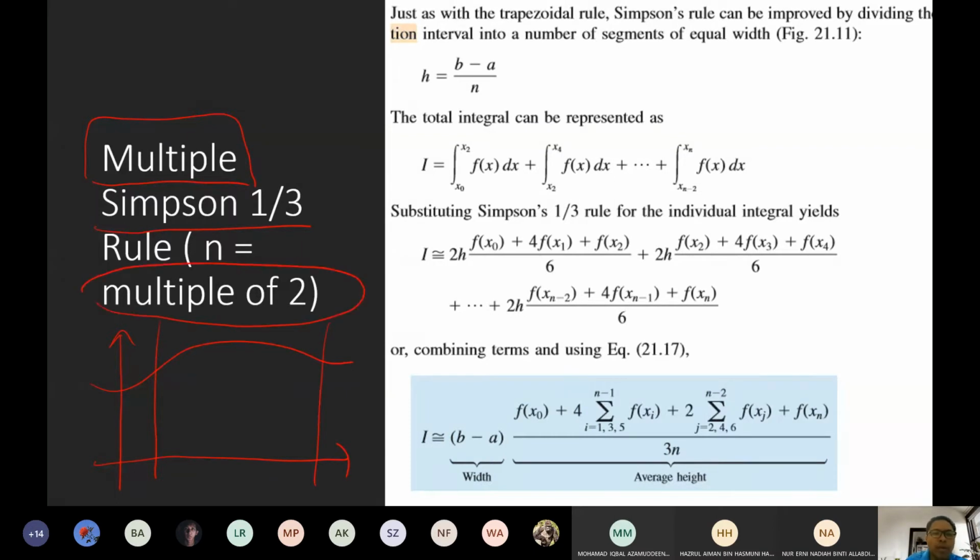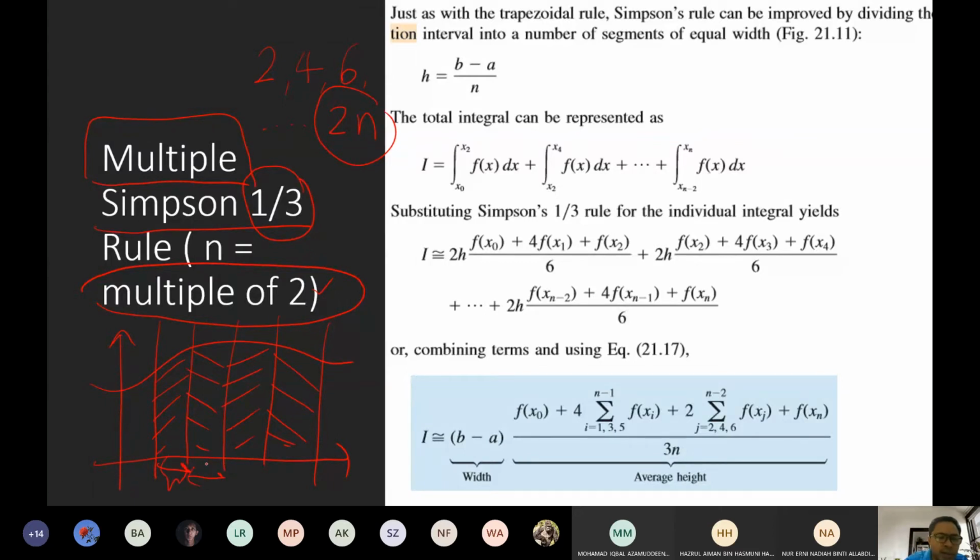So you can divide your area by this Simpson 1/3 rule, maybe to 2 divisions, 4 divisions, 6 divisions, until 2n divisions, because 2n stands for multiple of 2. So maybe I can divide this area into 4 equal areas, and that is allowed in this method, where you can divide the area into multiple of 2, where each of this is h.